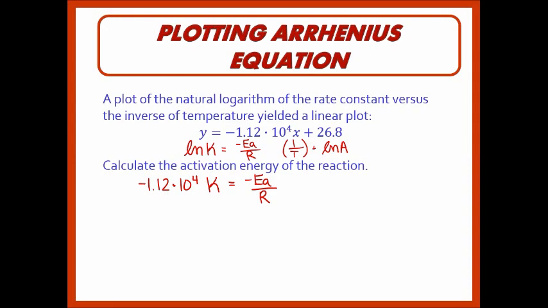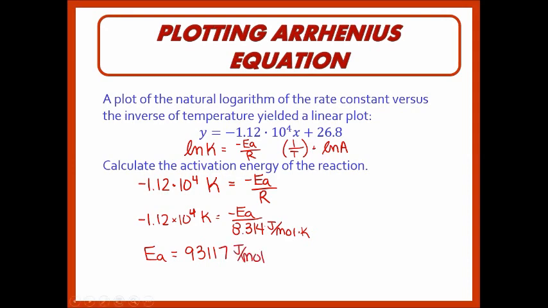So by plugging in the value of R, which is the constant 8.314 joules per mole times Kelvin, we can actually solve for the activation energy by multiplying both sides by negative R. And so for this reaction, the activation energy ends up equaling 93,117 joules per mole.